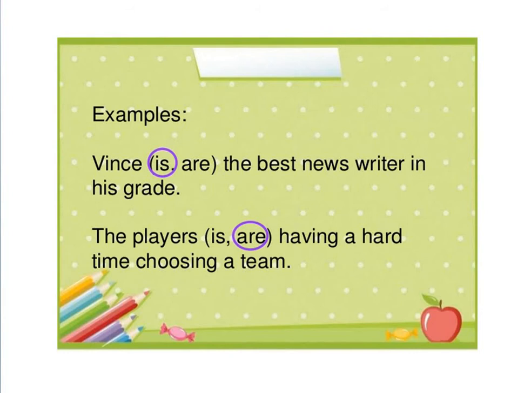If we have the sentence, the player is having a hard time choosing a team, then it is okay to write is. But now, when we have the players, the subject is plural, so we write the plural verb are in the sentence. If we do not follow subject-verb agreement, then our sentence would be totally ungrammatical.